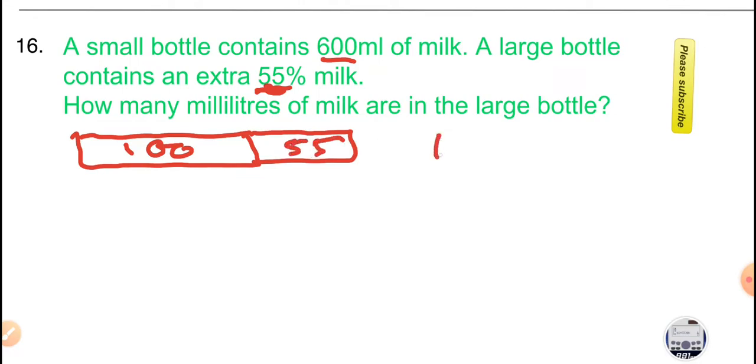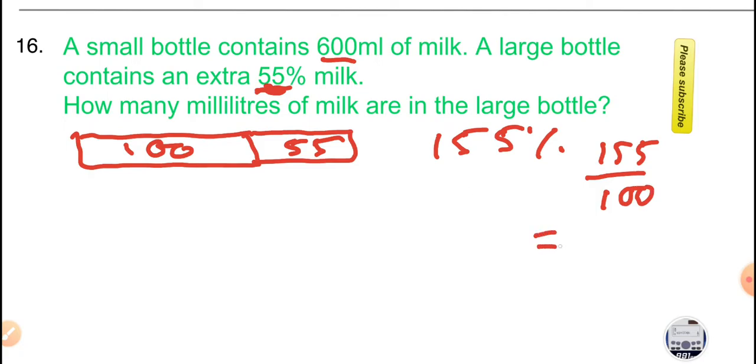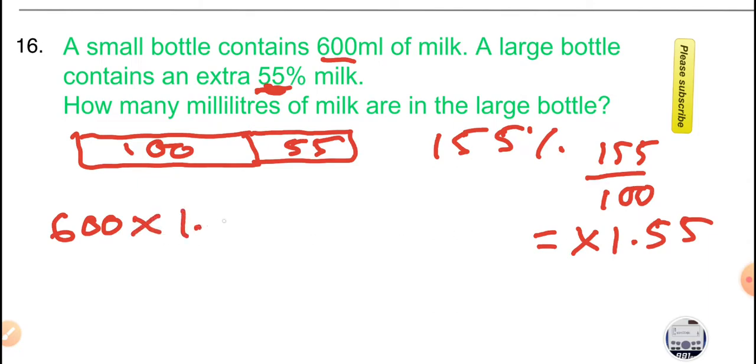So that means we will have 155%, and to turn that into a decimal we do 155 divided by 100, and that will give us the decimal multiplier, which is 1.55. So now our original amount of milk was 600 milliliters. If we multiply that by our decimal multiplier, 1.55, on your calculator, you'll get the answer 930 milliliters.